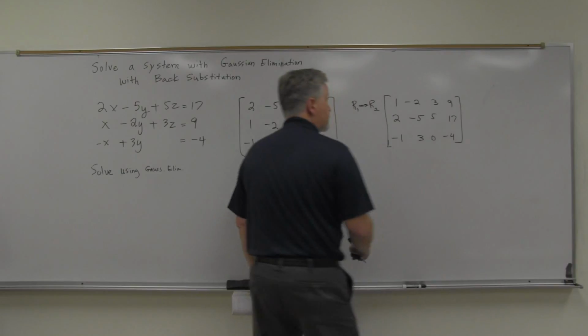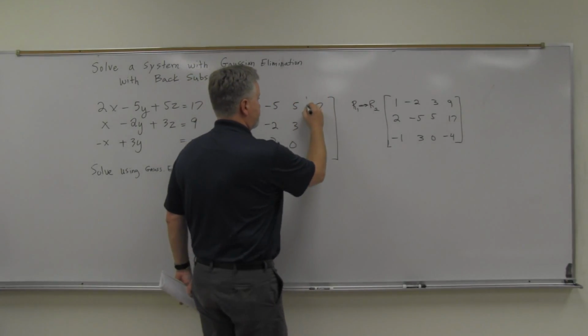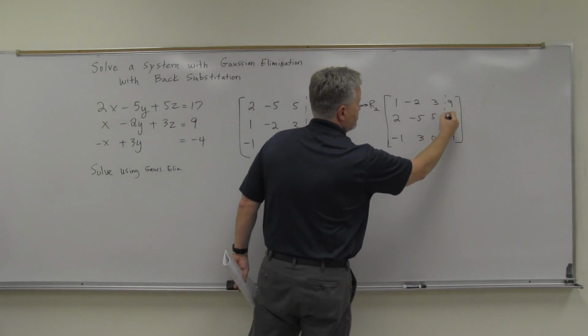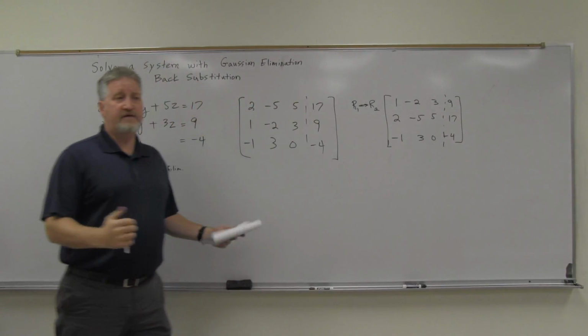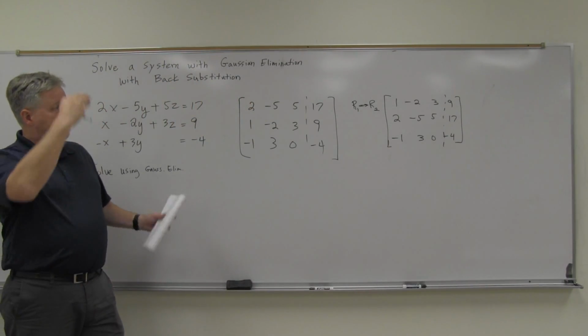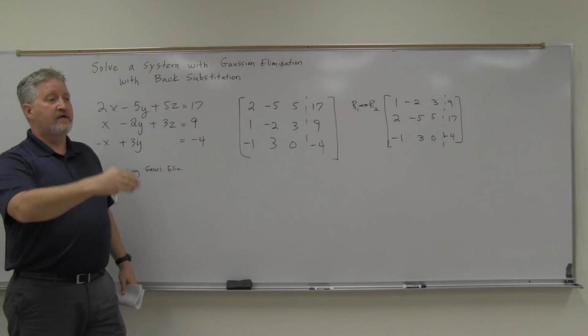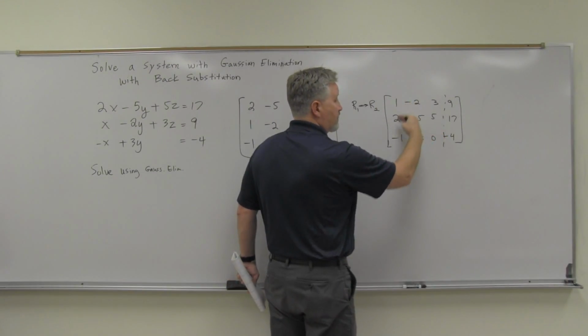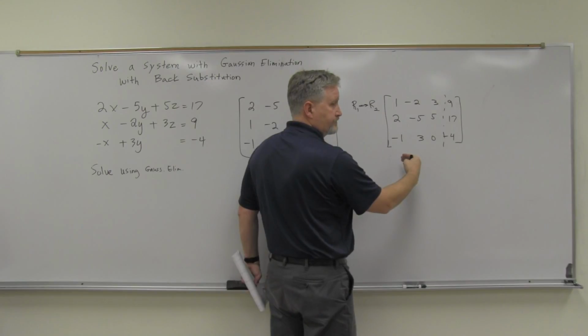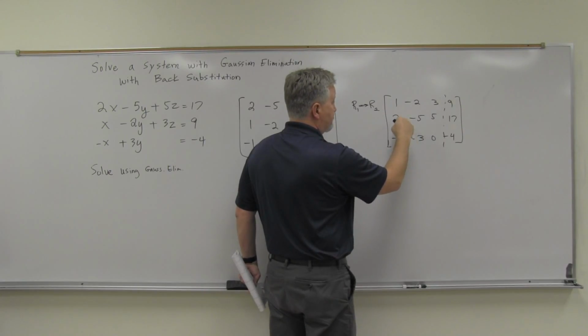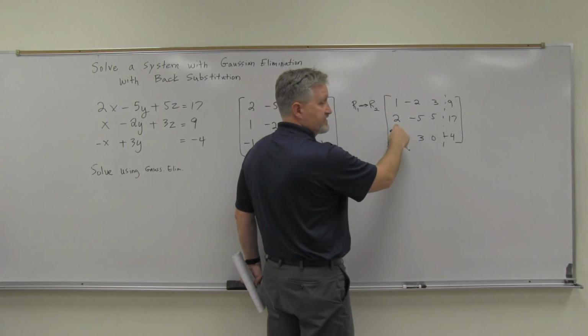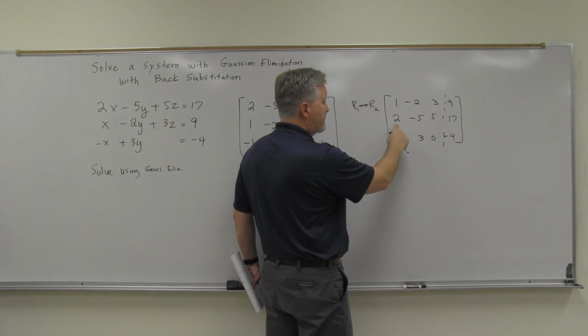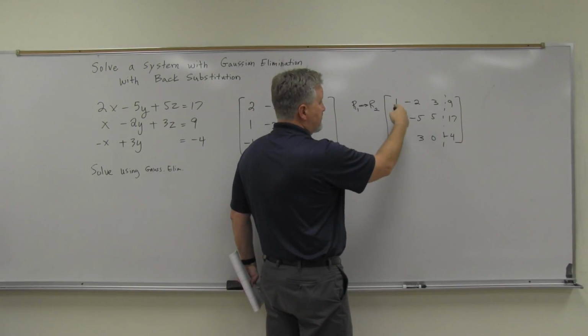Now, again, with Gaussian elimination, we want to have 1s along the diagonals and then 0s below that. And so that's our next thing: I want this to be 0 instead of 2. How would I do that?